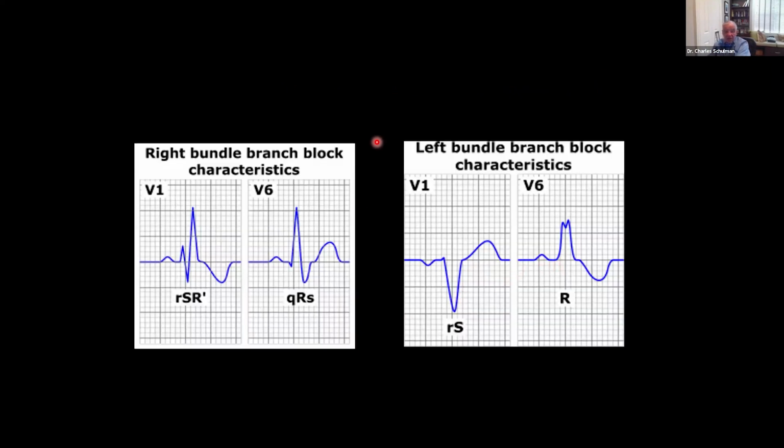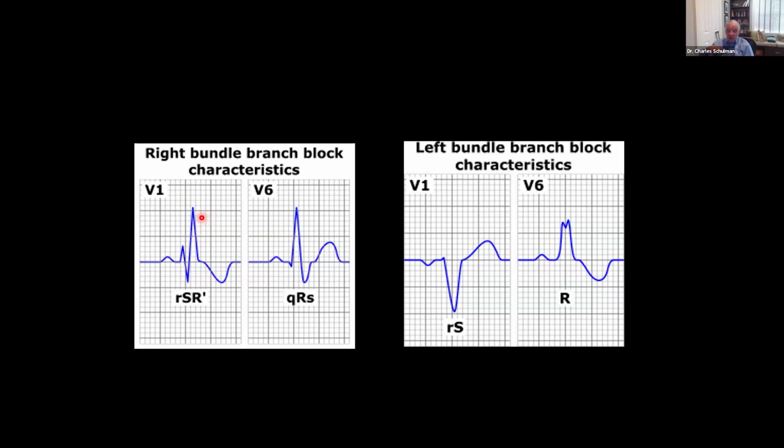Right? So this is right bundle branch block and left bundle branch block. These are the characteristics, and these are the 2 leads where you should look in order to make this diagnosis. Basically, lead V1 and lead 1. Standard right bundle branch block has an initial R wave followed by an S wave. So this is the normal part. And then secondarily, the impulse travels back to the right.